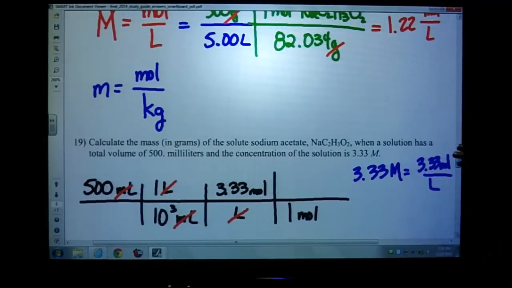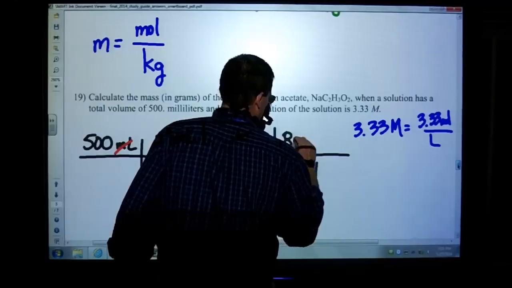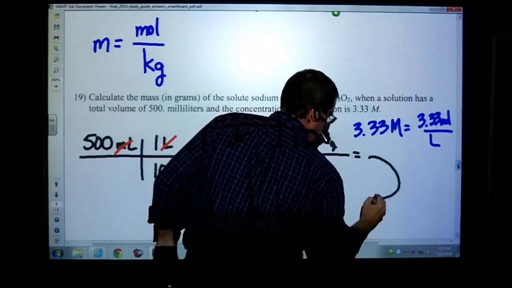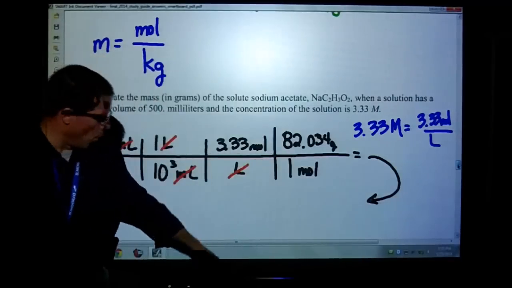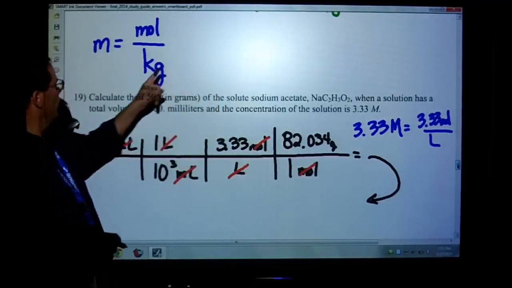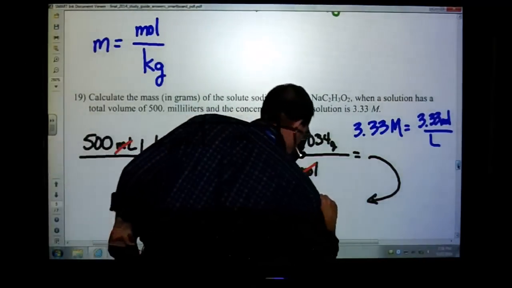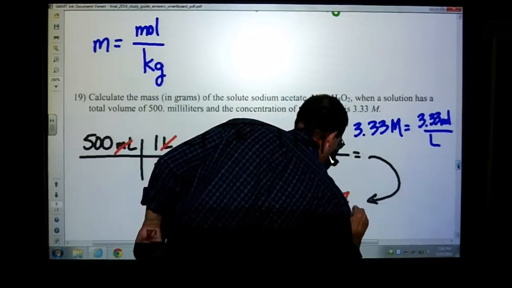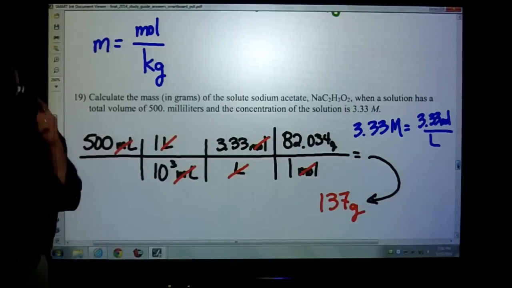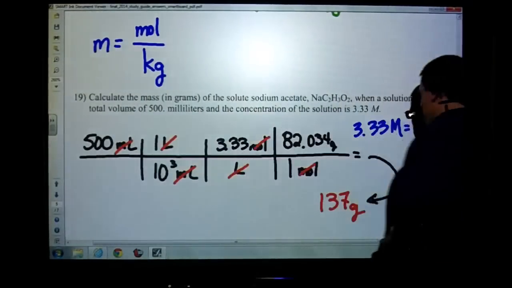So 82.034. And then what we have is our unit moles cancel out, and we're left with grams, which is mass. So let's calculate that. So 137 grams is what we would find in 500 milliliters or a half a liter of a 3.33 molar solution.